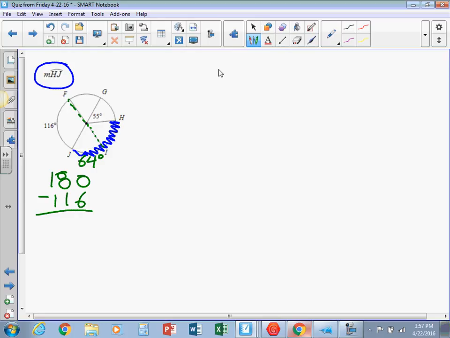Oh, I could also look at the fact that I've got a diameter here also. So I know, again, central angles, that if I'm looking at this, this piece is 55 degrees. So if I want to find out the remaining blue piece, I can simply go 180 minus 64 minus 55. And I'm going to get it. Right?